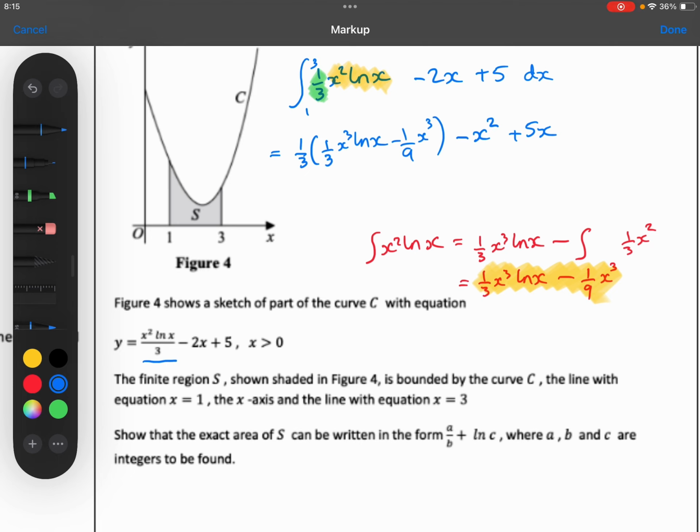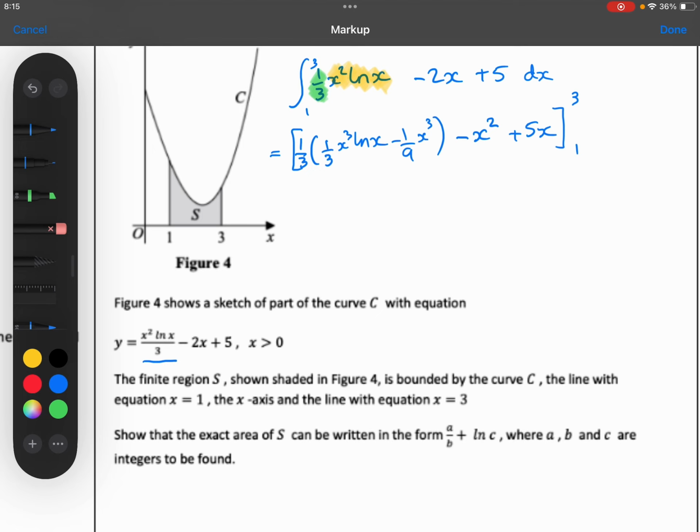Now I'm just going to simplify this and substitute my limits in. So, simplifying this, the 1/3 times 1/3 is 1/9. The 1/3 times 1/9 is 1/27.